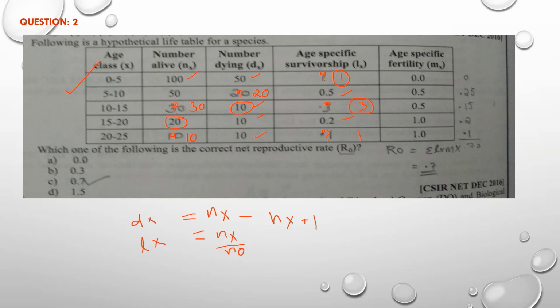So Lx for 0 to 5 is 1, 5 to 10 is 0.5, 10 to 15 is 0.3, 15 to 20 is 0.2, 20 to 25 is 0.1. And the age specific fertility Mx is given. We have to calculate Lx into Mx.